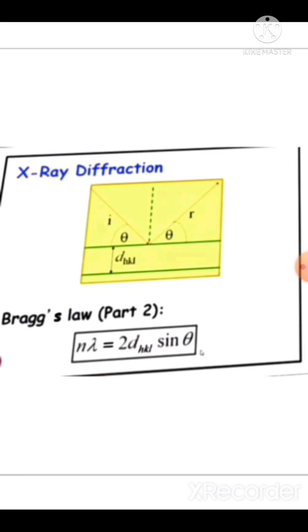Hence from this equation we can calculate the wavelength of the monochromatic X-ray beam with the help of the angle of diffraction and the interplanar spacing, which is constant.